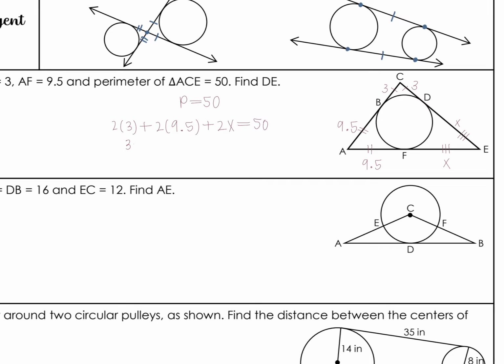So I'm going to get 3 plus 9.5 plus x is going to be equal to 25. So combining my like terms here, I'm going to get 12.5 plus x is equal to 25. And when you subtract, you should be left with x is 12.5. Okay, and so that's going to give me my answer that DE is going to have a length of 12.5.